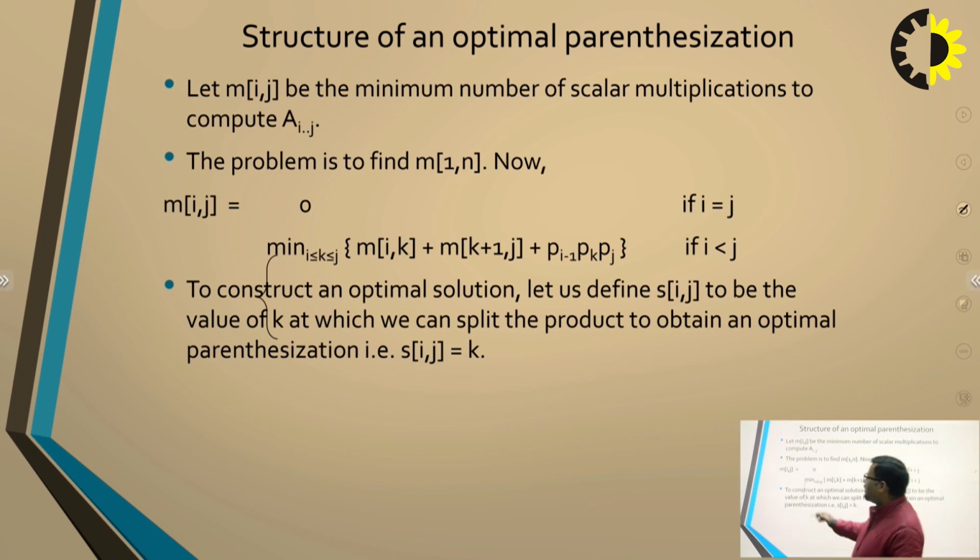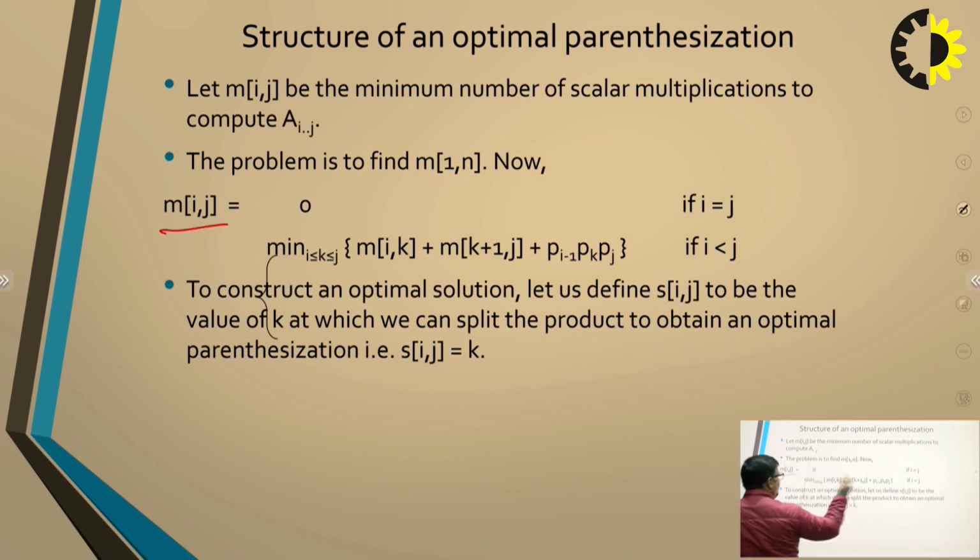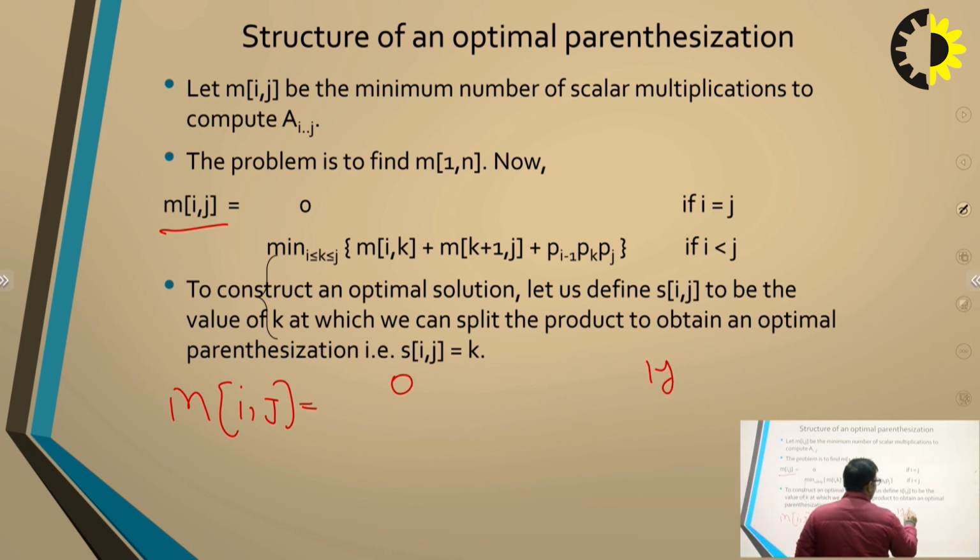This is a matrix Mij. Here we will apply the condition: Mi comma j is 0 if i is equal to j.